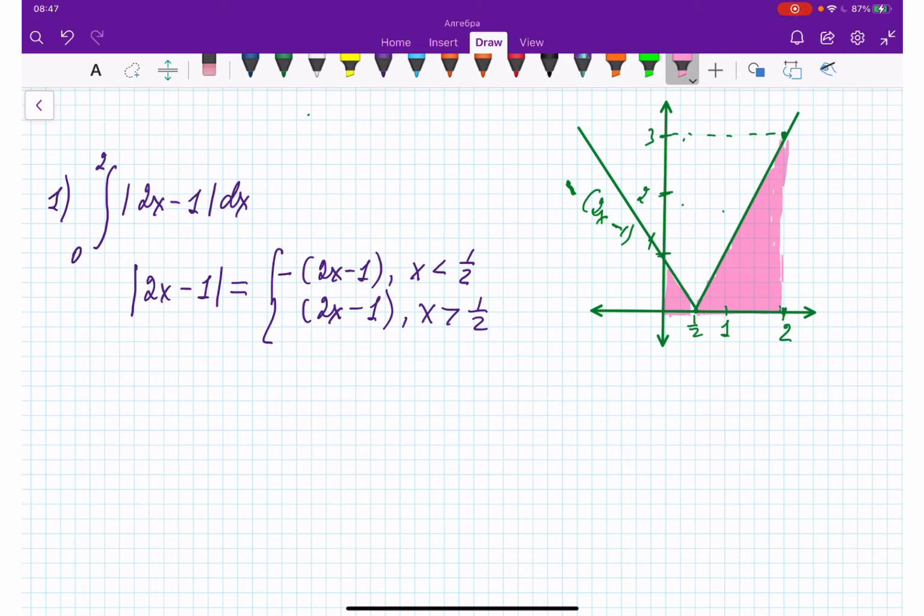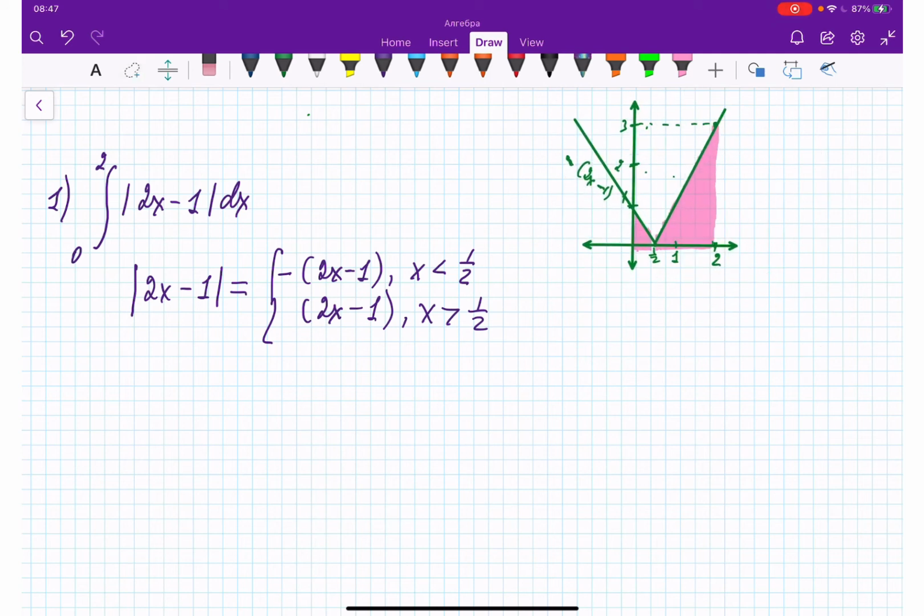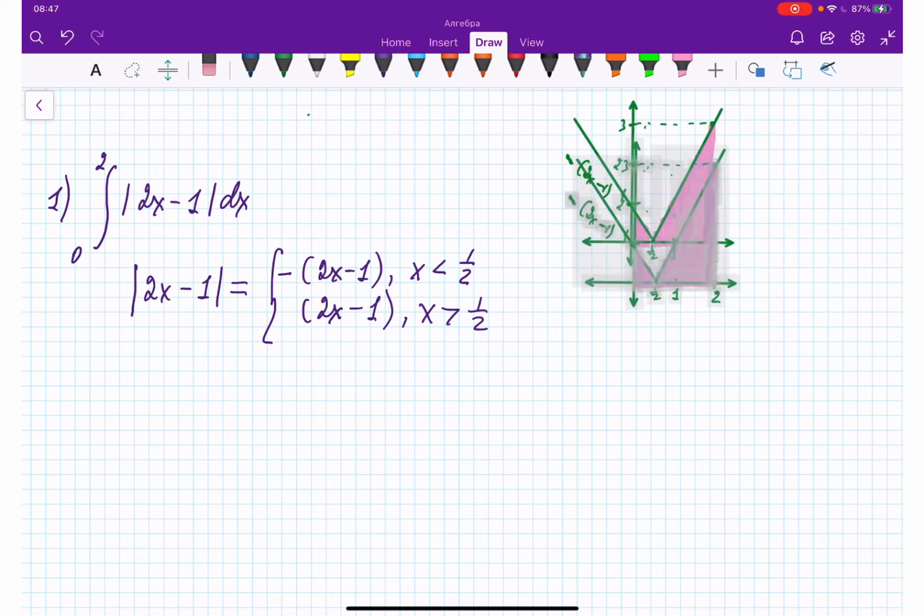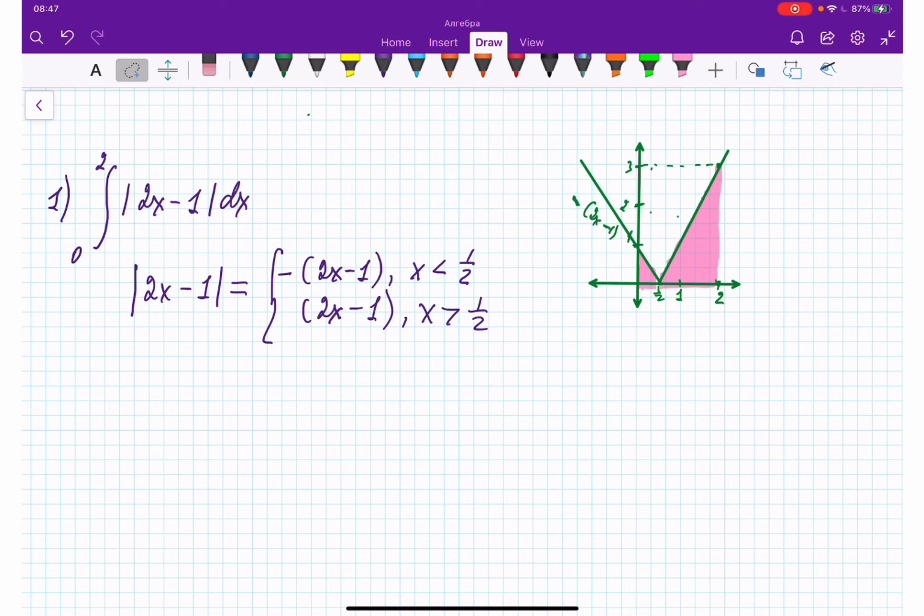So this pink area is what we need to find. Let me make the picture smaller, it's taking too much space. Okay, this is much better.